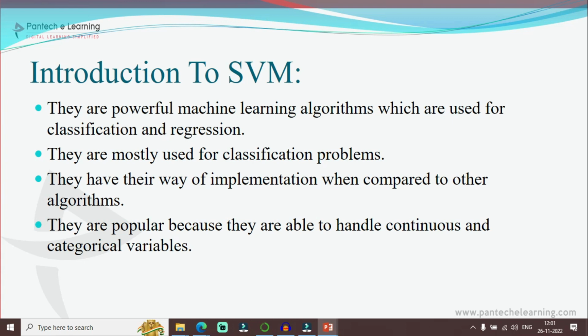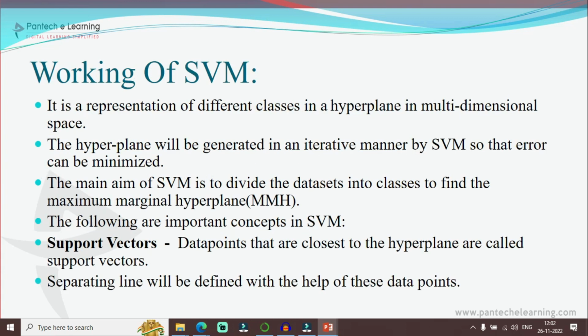SVM algorithms are popular because they are able to handle continuous and categorical variables. Clear with this? So based on my problem, I can go for different types of machine learning models or techniques.